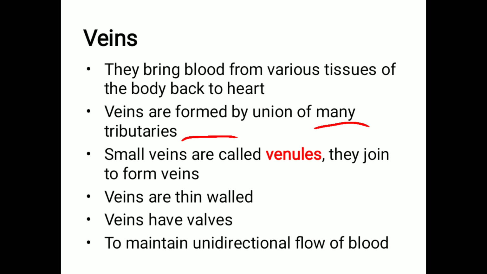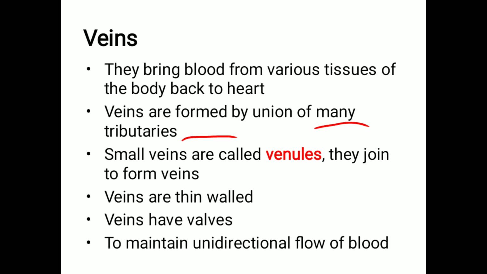You know a river: many tributaries join and form the main stream, like the Ganga. The same way here, veins are formed by union of many tributaries. Arteries branch, veins are formed by union of many tributaries.